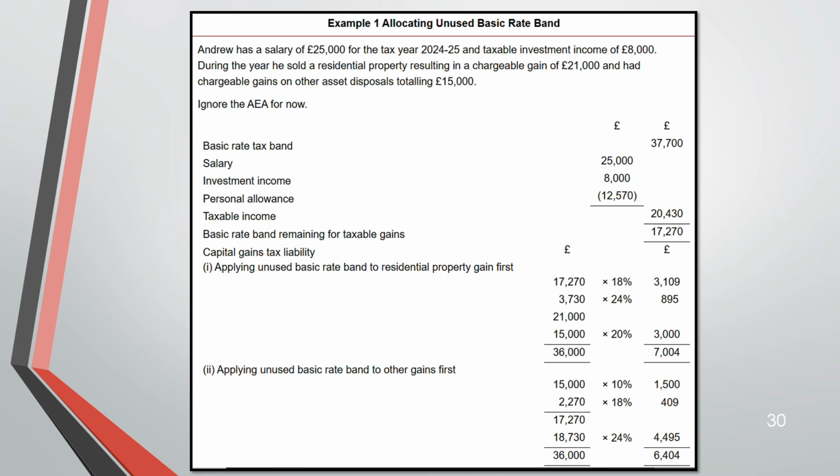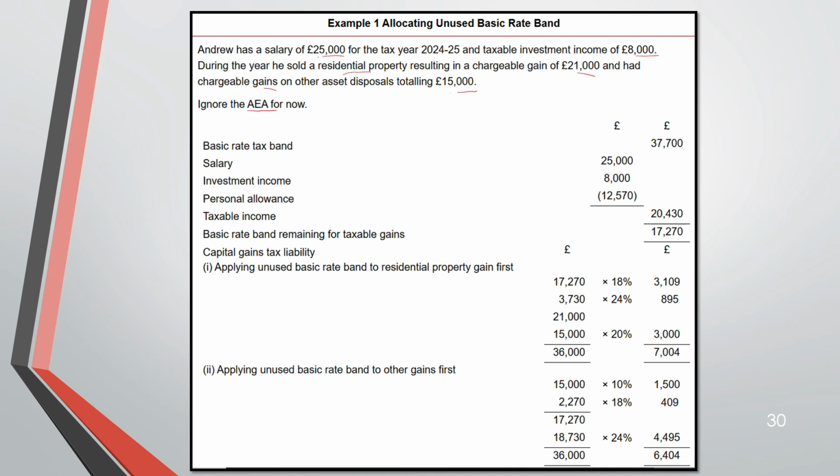Here, Andrew has a salary of 25,000. Taxable income is 8,000. And residential property gain 21, and other gain is 15. So what should you do? We'll see how much of the basic band is remaining. Ignore the AEA for now.